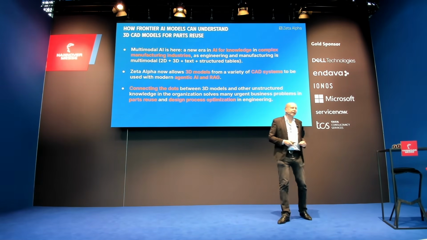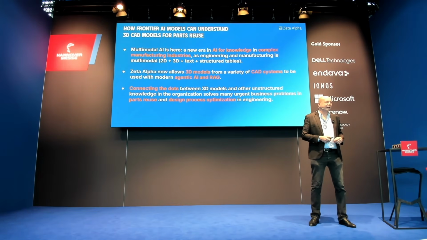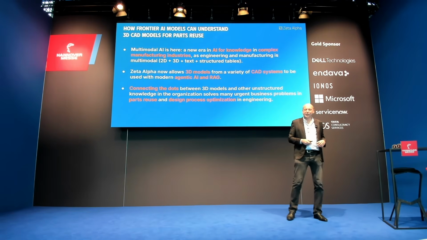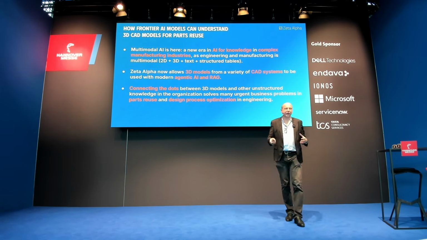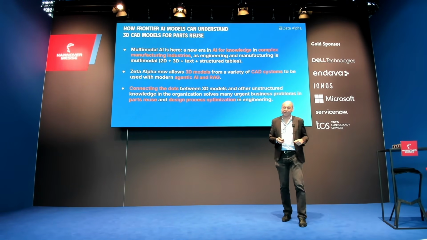So that's in a nutshell what we're doing with 3D CAD understanding by frontier models. Multimodal AI is here for engineering, and now it can also understand 3D. We are able to input from a variety of CAD systems and use them with modern agentic AI and RAG. And the special value is in connecting the dots between these 3D models and all of your other engineering documentation.